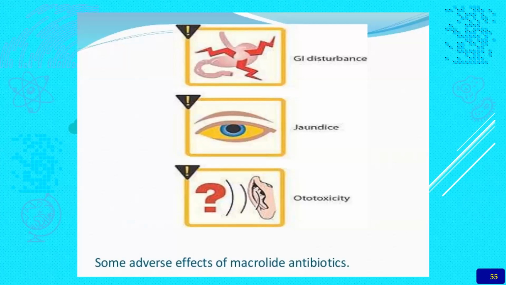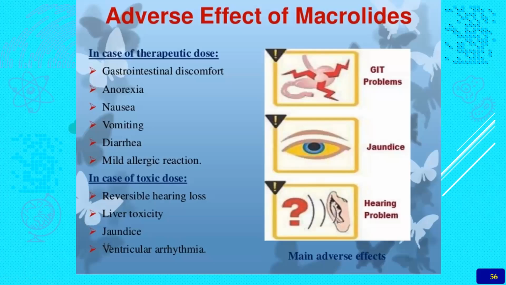So usually the side effects are GI disturbances, and sometimes jaundice, and sometimes transient ototoxicity and hearing impairment may be some of the side effects of the macrolide antibiotics.